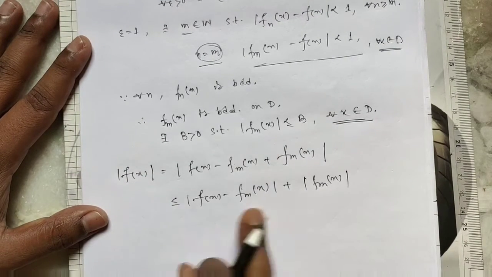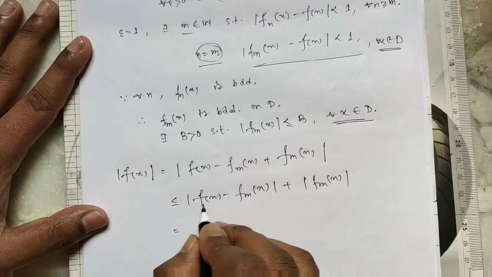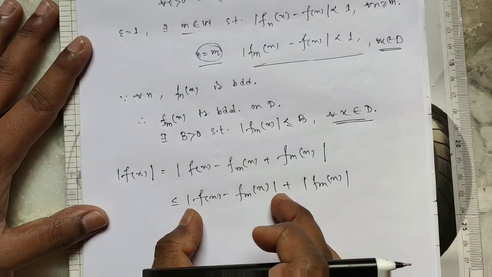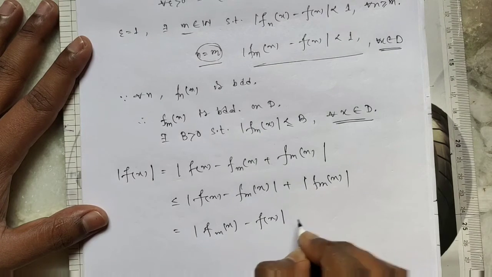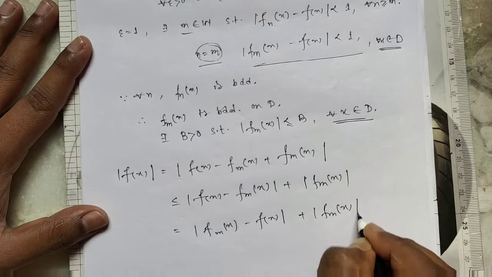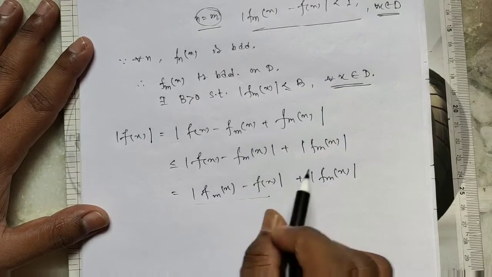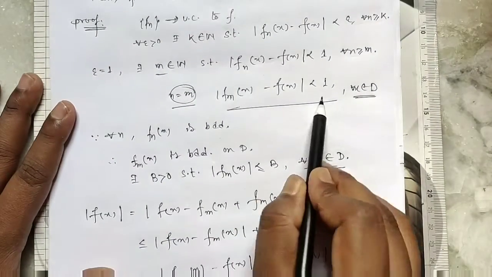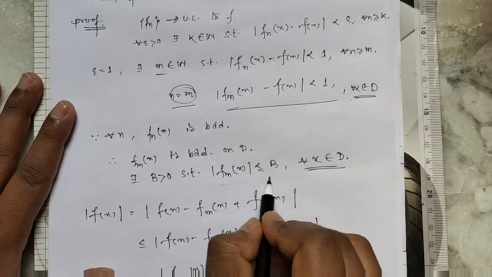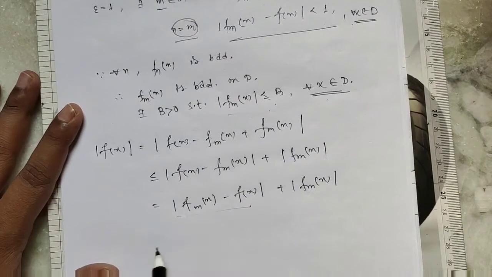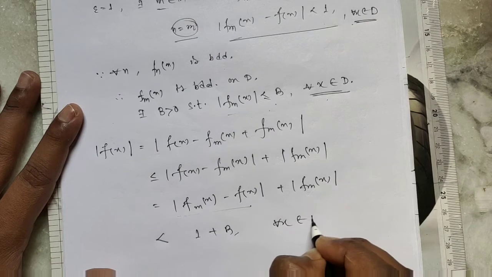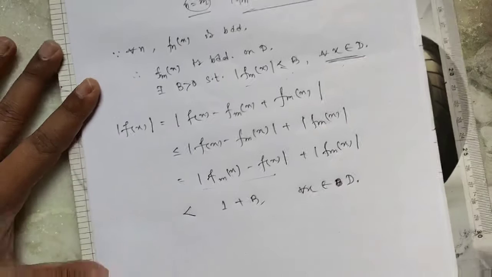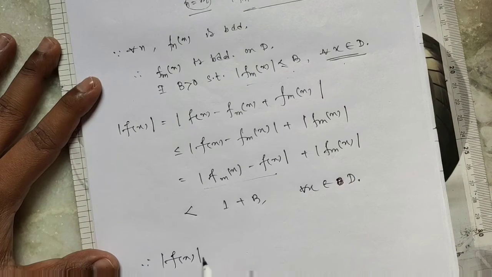The first term is less than 1 and the second is less than or equal to B for all x belongs to D. So it is less than 1 plus B. Therefore mod of f(x) is less than B plus 1.